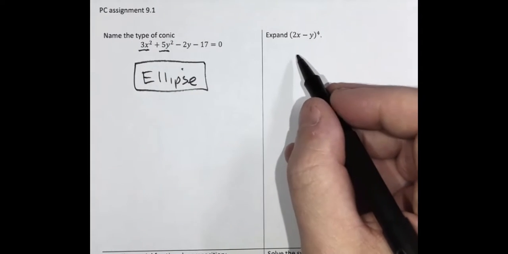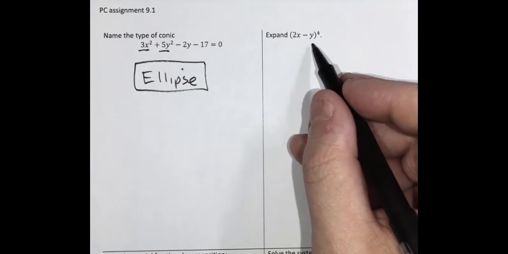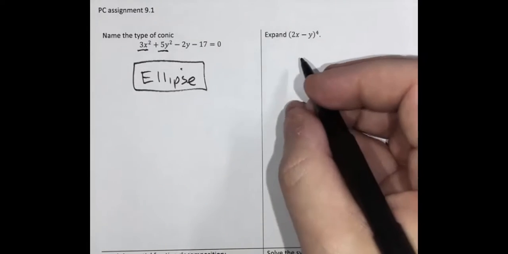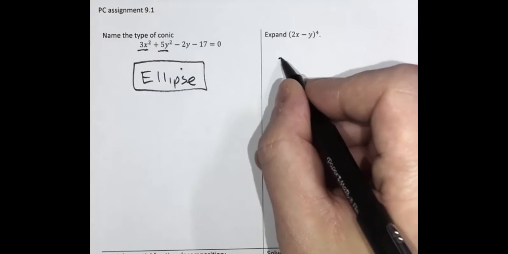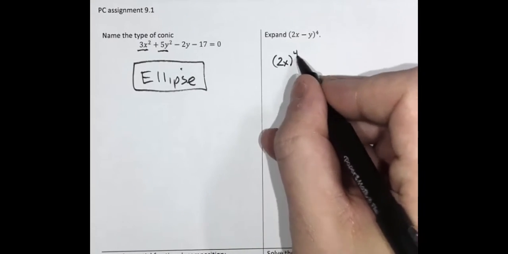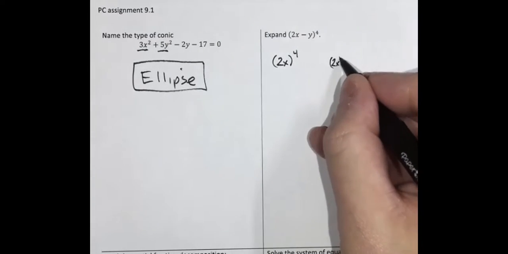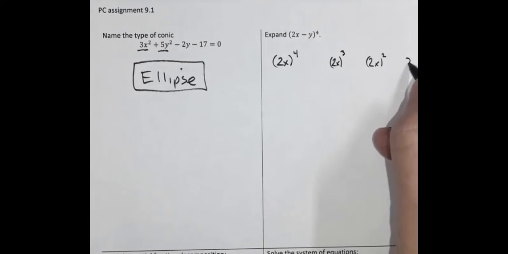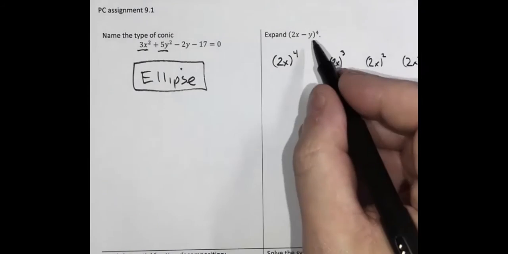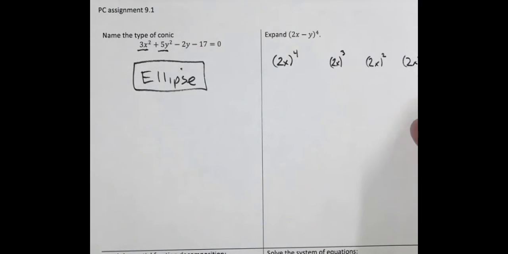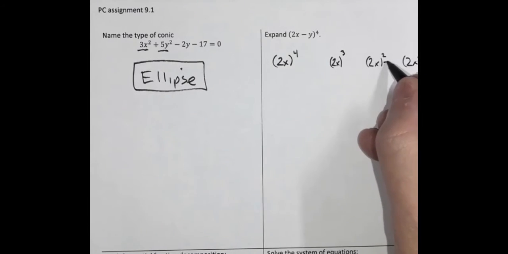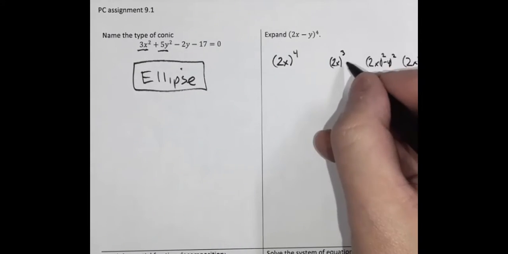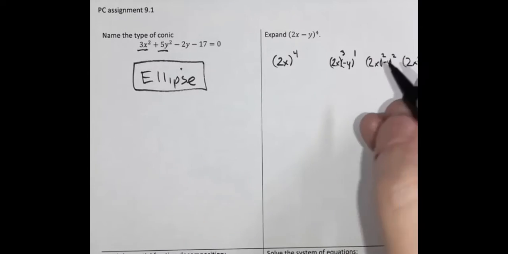In the top right, we have expand 2x minus y to the fourth power. So for that one, I will say 2x to the fourth, 2x cubed, 2x squared, 2x to the first, and then for that part we'll go minus y to the fourth, minus y to the cube, minus y squared, minus y to the first.